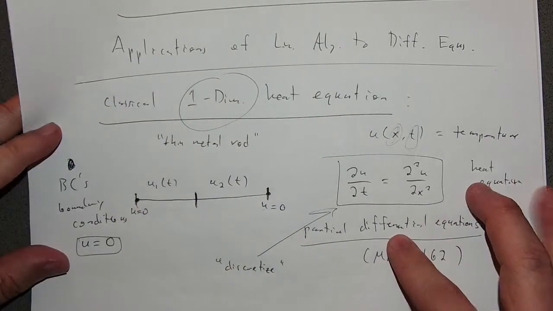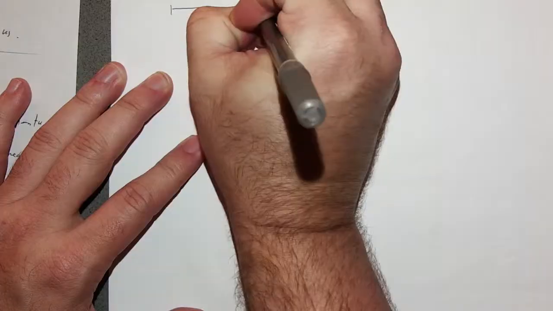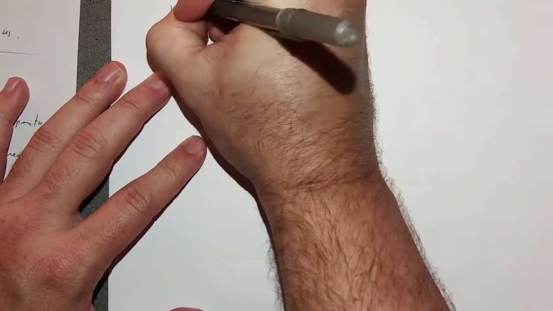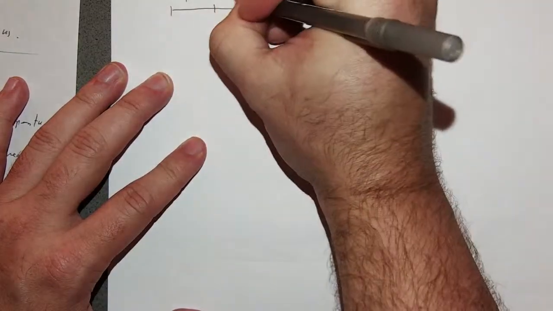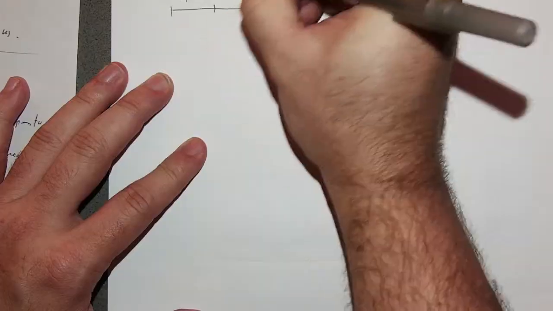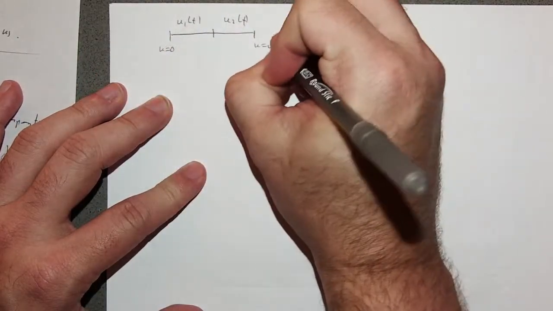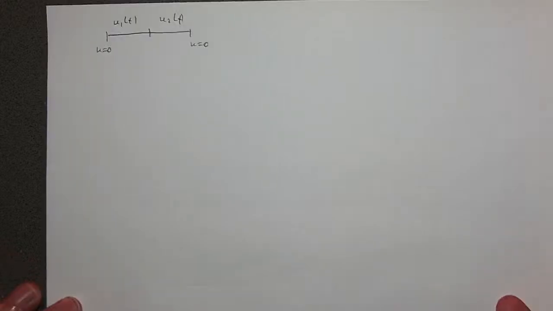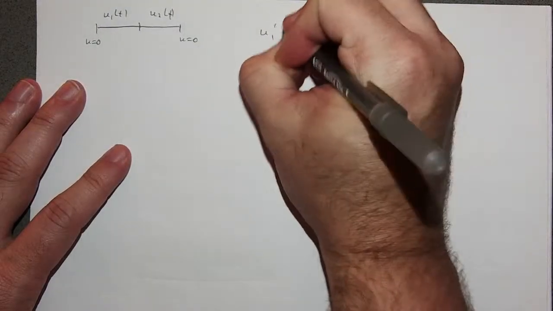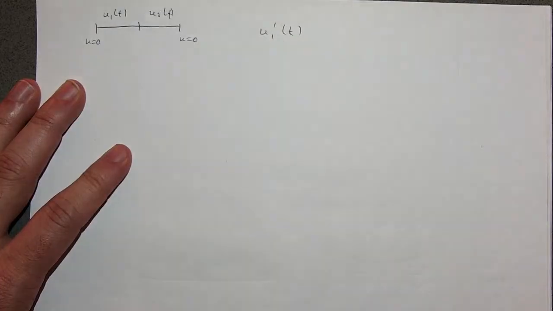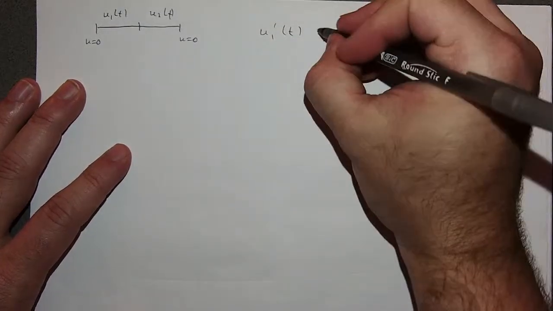I'm going to draw the same picture over again. That principle that I just described gives rise to the differential equation, because this is my heat flow rate, differentiating with respect to time.